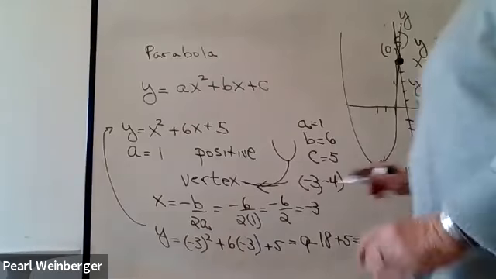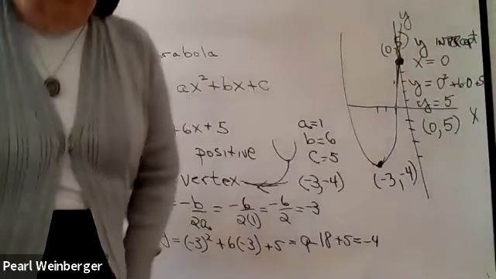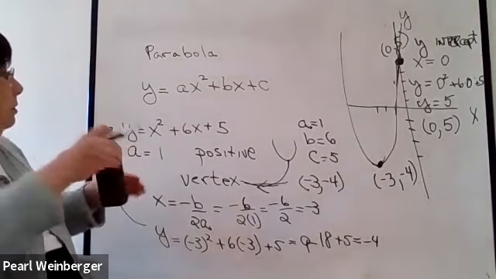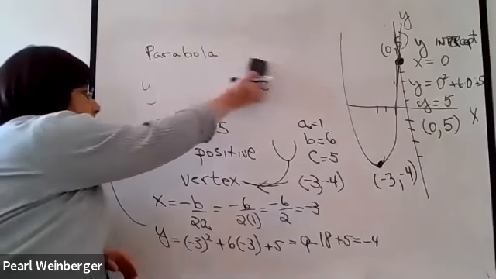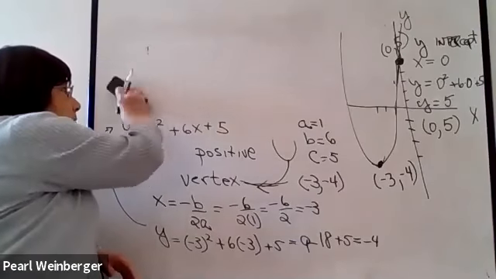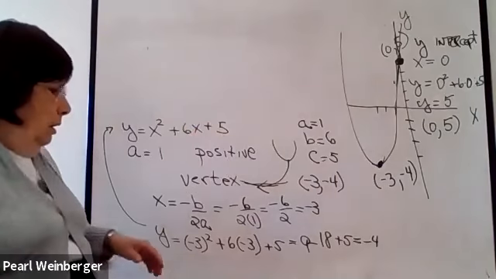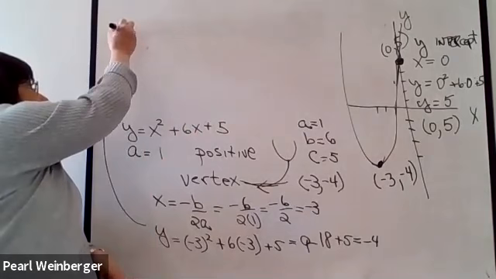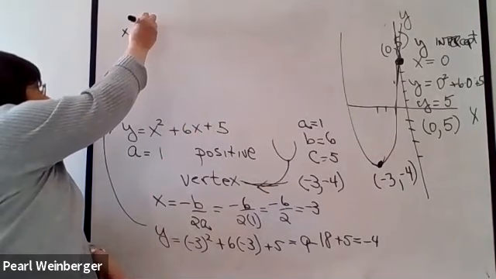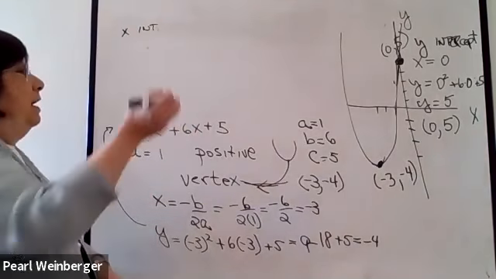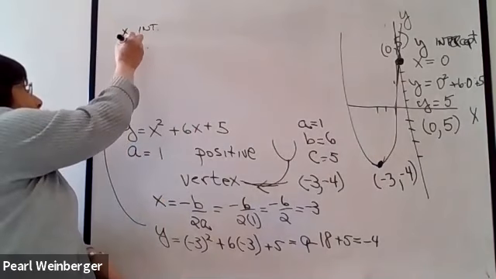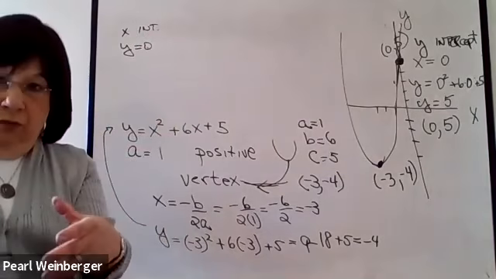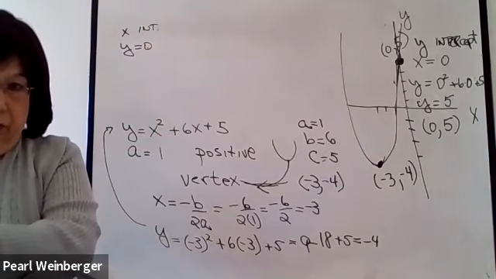What about if we want to find the x-intercept? To find an x-intercept, we remember how to do that. In that case, we put the y equal to 0. We always do the opposite. When we want the y-intercept, we replace x with 0.